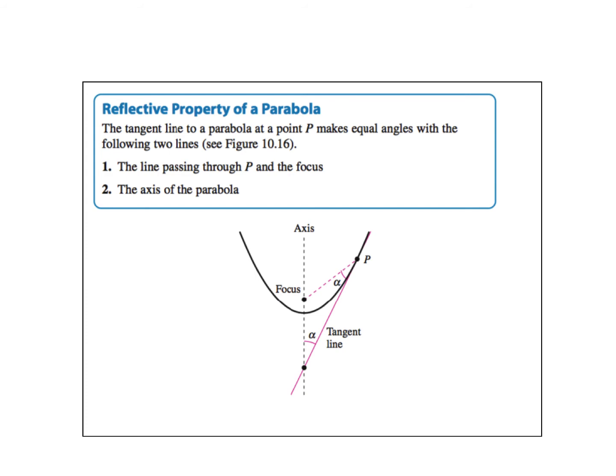So because those angles are the same, we are creating an isosceles triangle. And therefore the other things that are the same that can be helpful are the distances here and here.